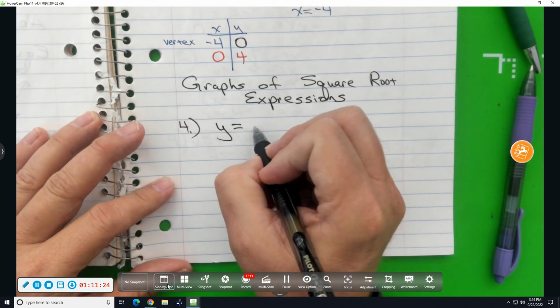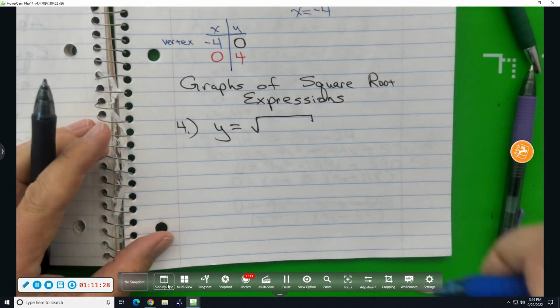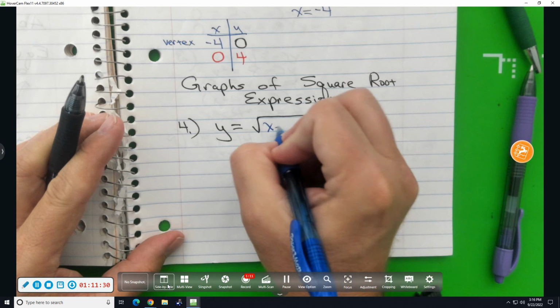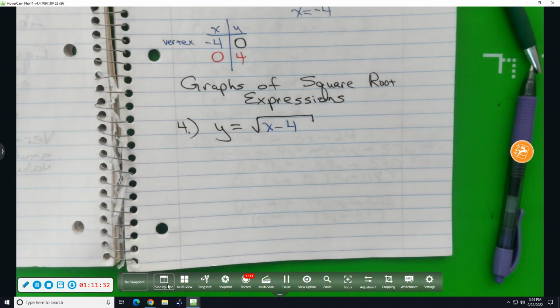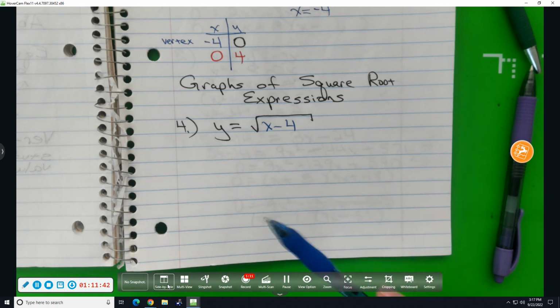Y equals the square root of x minus 4. Just plot enough numbers to, this is the one thing where I'm going to graph it on paper, and then I'll just look and see what graph looks like the one that I got. We're going to have to choose some x values to plug in.